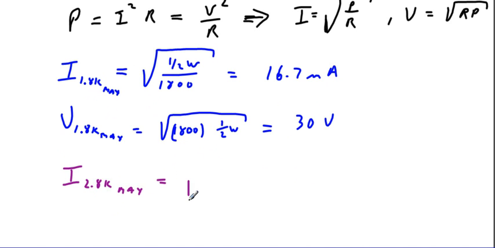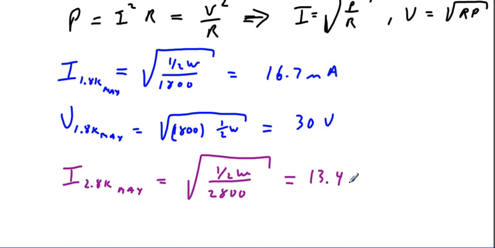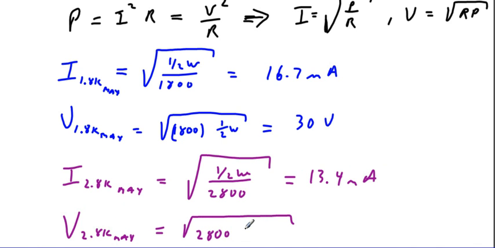We do the same calculation again, square root of 1/2 watt divided by 2800, and we would come up with 13.4 milliamps. And the voltage max across the 2.8K guy, square root of 2800 ohms times 1/2 watt, and that'd be 43 volts.